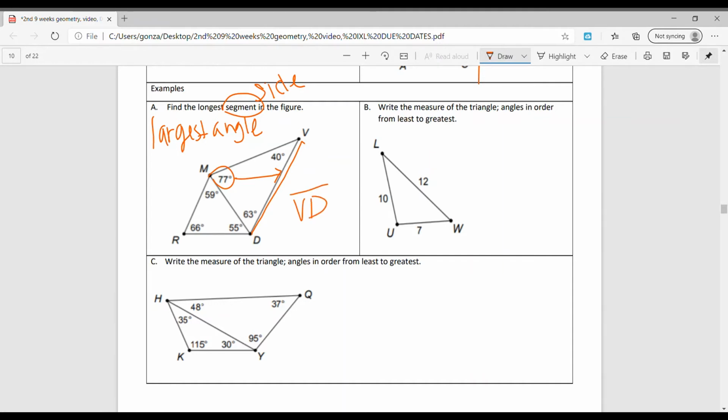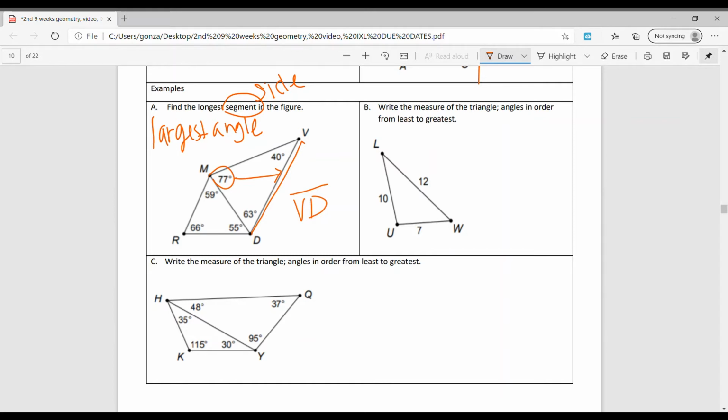Okay, in B, it says write the measure of the triangle, and then angles in order from least to greatest. That means that we're going to take all the angles.